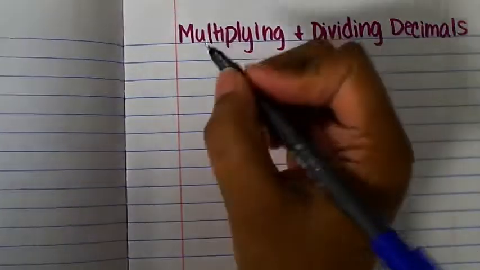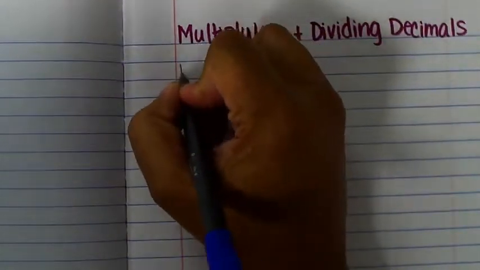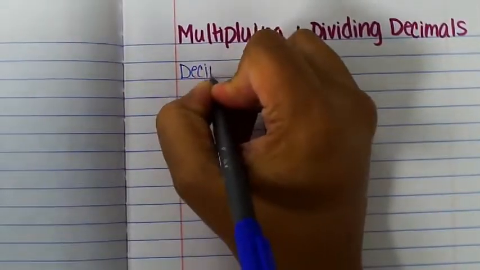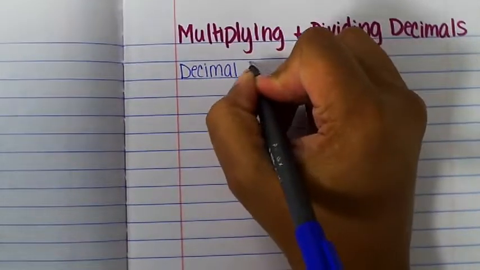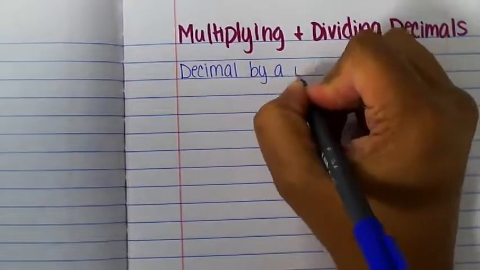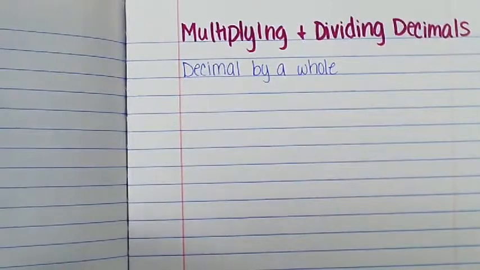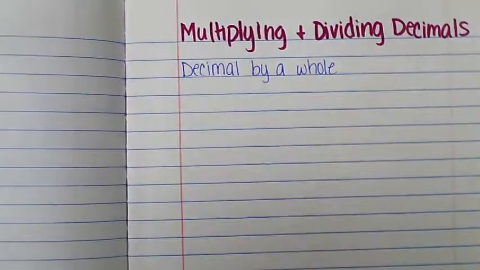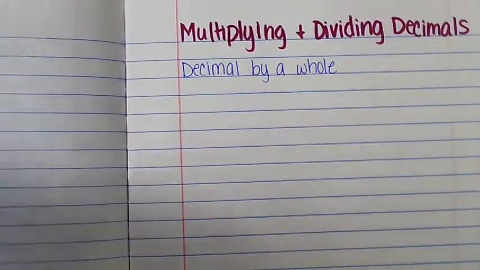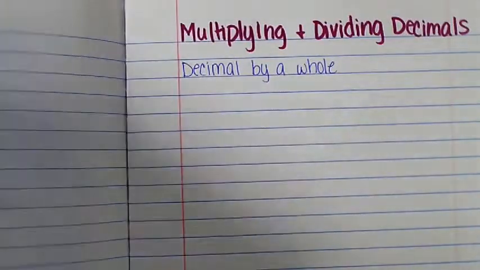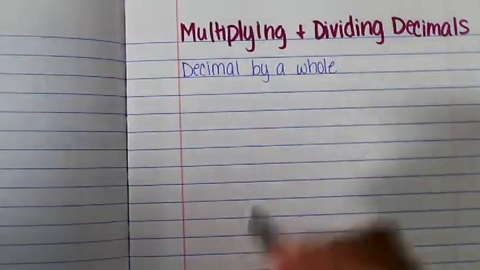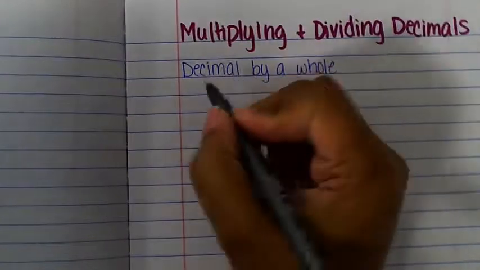All right, so to start, we're going to do multiplying a decimal by a whole. We're going to use the same numbers for each one.